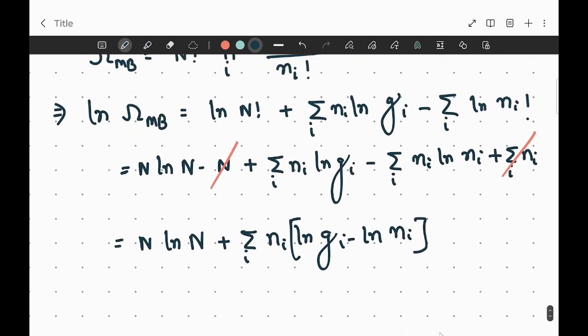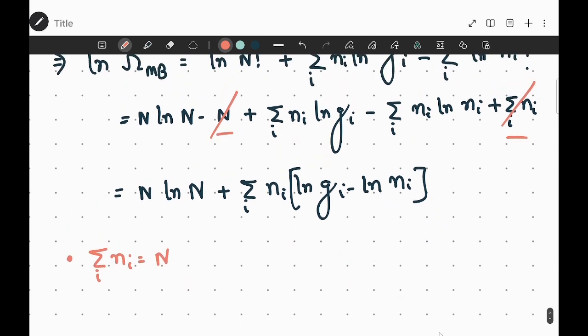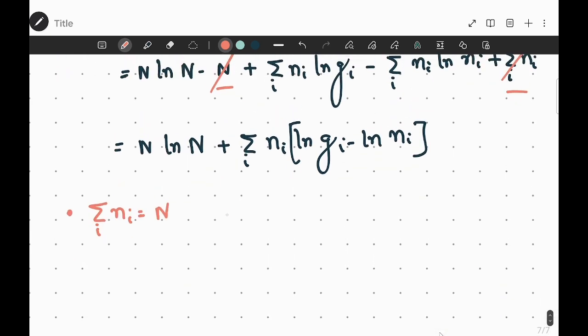So we have to take the derivative. If you remember, we take the derivative, and we did not make it zero directly. We introduce the Lagrangian undetermined multiplier. We have to consider the restrictions. What are the restrictions? The first restriction is that the overall number of particles is constant. And another one is that the energy is constant. Exactly the same thing.